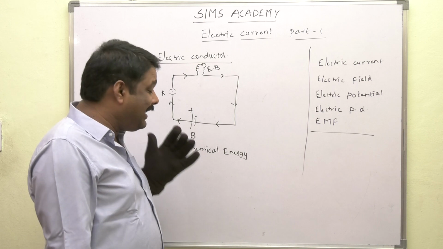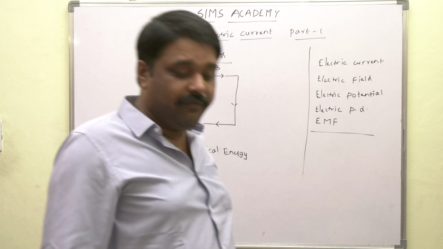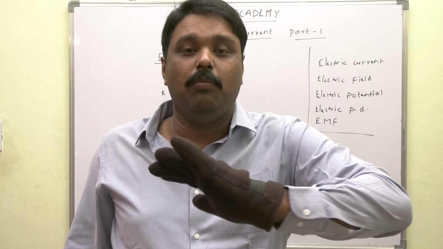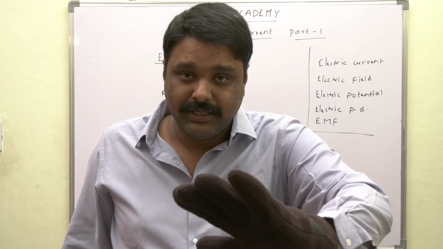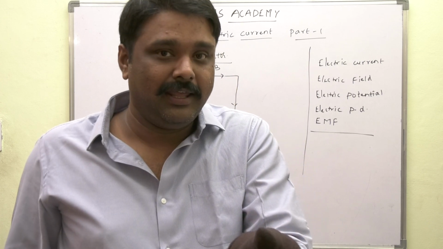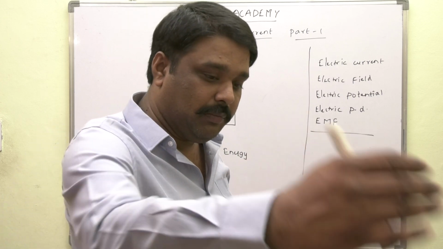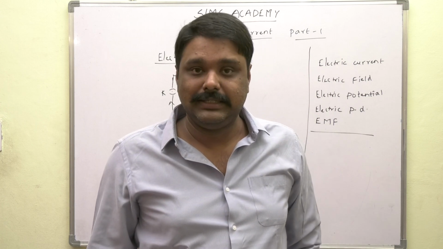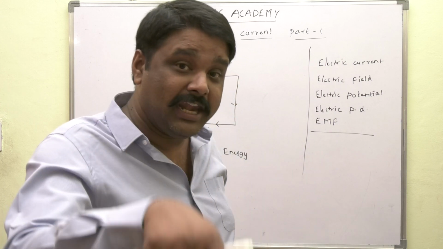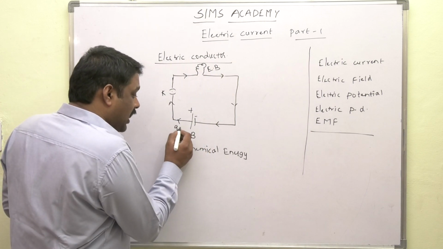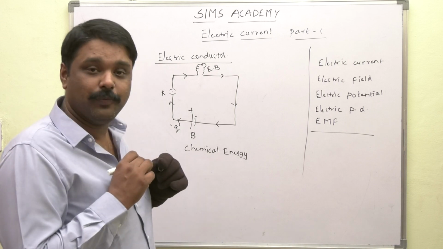Whenever force is applied on a charge, it obviously moves. Am I right? The charge moves whenever some force is applied. That means force moves it through a certain distance, we say it as work done. Work is done on what here? Work is done on charge. Let us say it as charge Q.